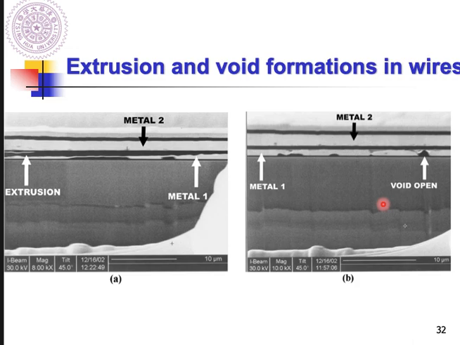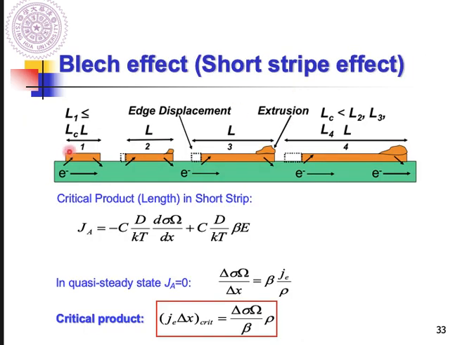We want to avoid extrusion and void formation in all the interconnects, whether in our synthesis, in our materials, or in our device. So how to quantitatively estimate the critical length?